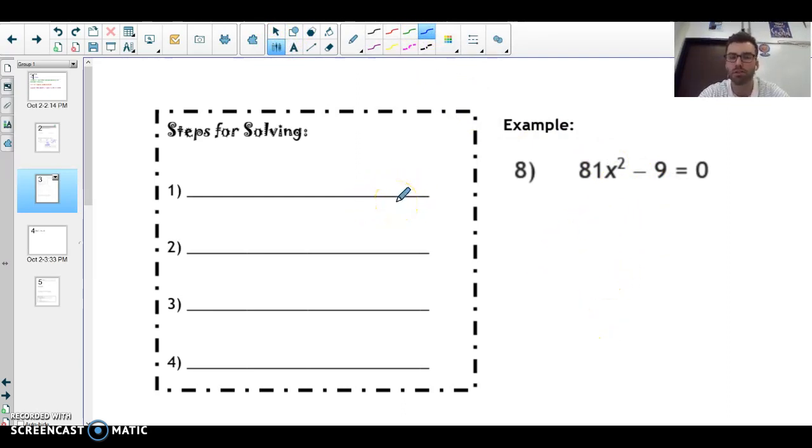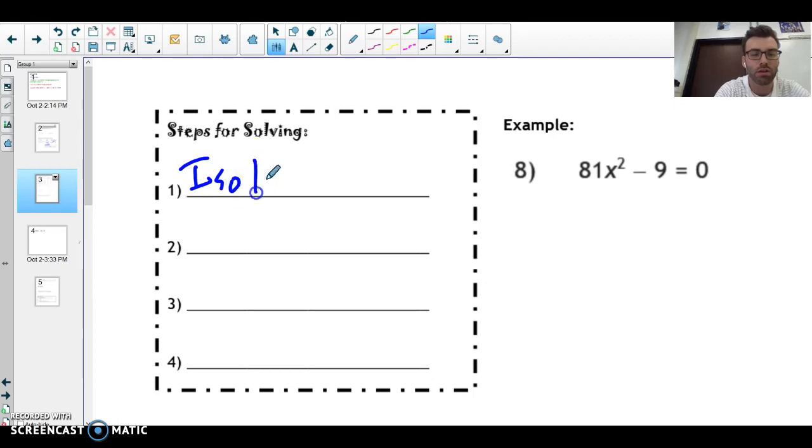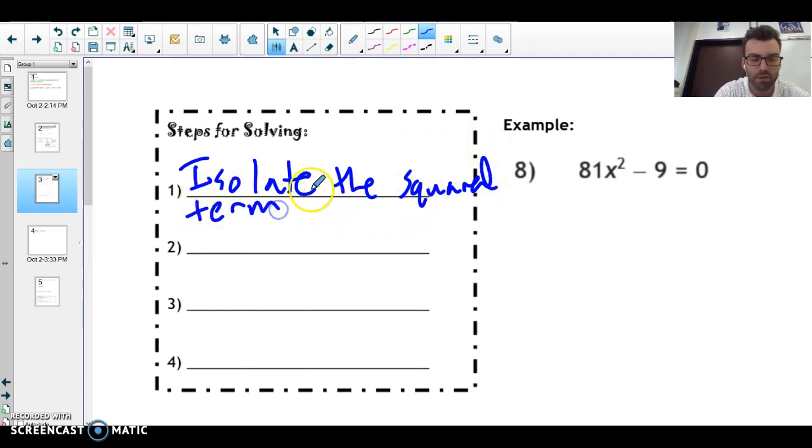The first step in solving a quadratic is to isolate the squared term. Bear with my handwriting. If I'm looking here, our square term is 81x squared.